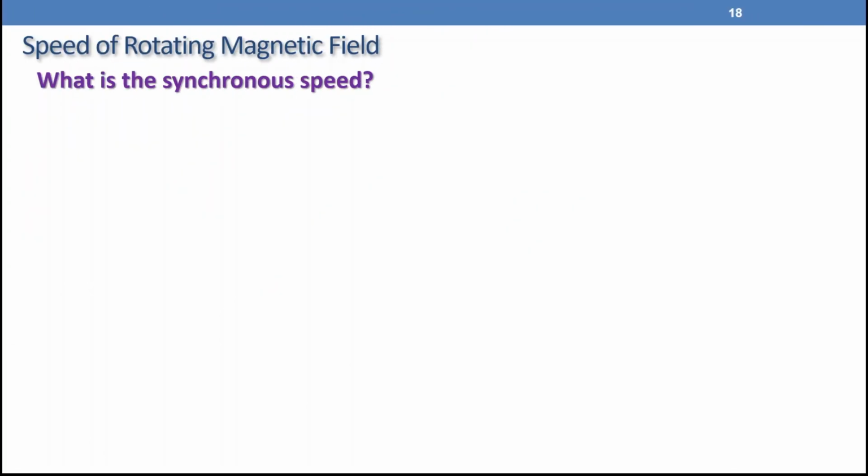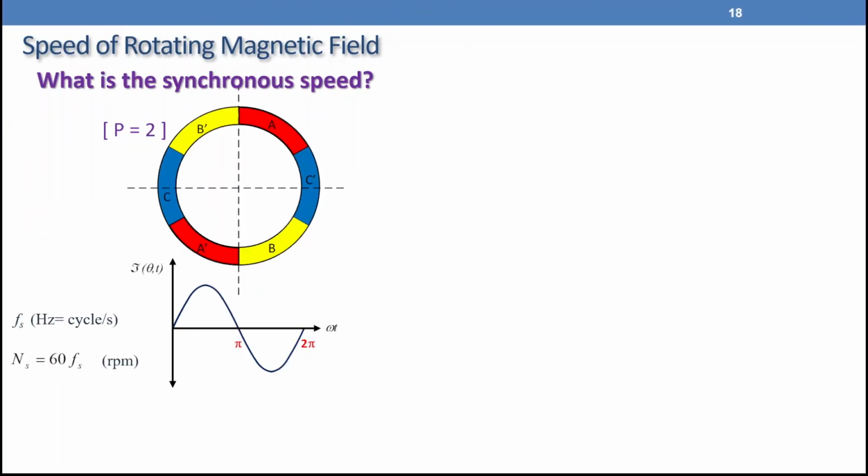To answer this question, we're going to start with a 2-pole machine. We know this figure from the previous video. We consider that one north pole, and that one the south pole. That one starts from 0 up to 360 degrees in space, which is 0 to 2 pi, and this waveform has a frequency Fs in hertz or cycles per second.